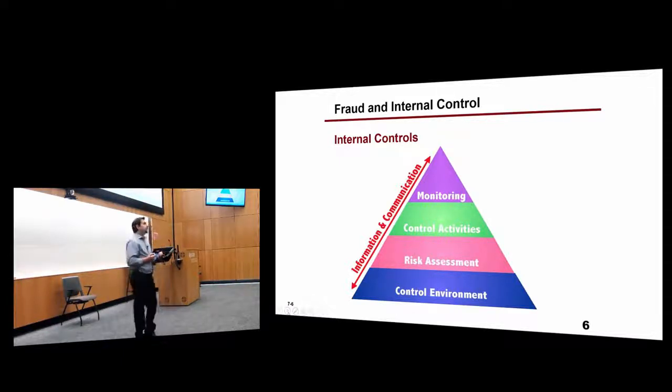Risk assessment is a very important step. Risk assessment evaluates different business processes and the risks associated with different business operations and business processes. Okay? So you have risk assessment.